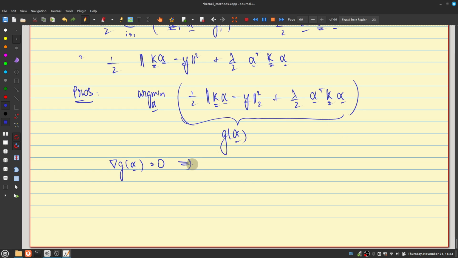Right. Okay, so what is the gradient equal to? It's K times (K alpha minus y) plus lambda times, sorry, K plus K transpose. But what is K plus K transpose? It's 2K.